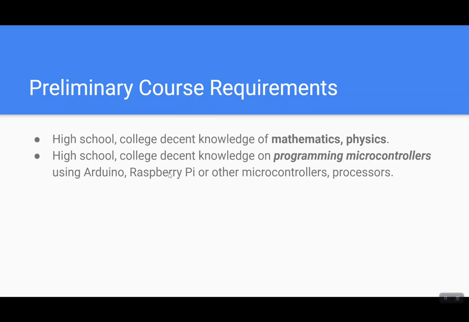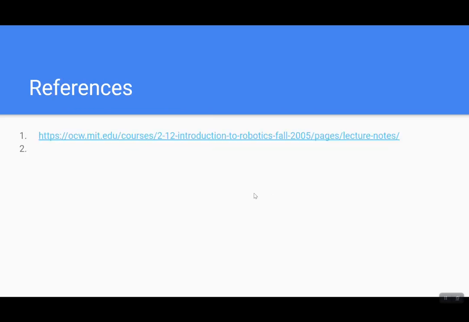But beyond this, it is expected that you understand the basics of digital electronics, analog electronics, C and C++. Okay, let's carry on. This is one of the references we will be following along with others. We will add on as the course progresses.